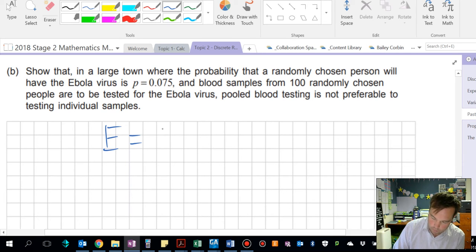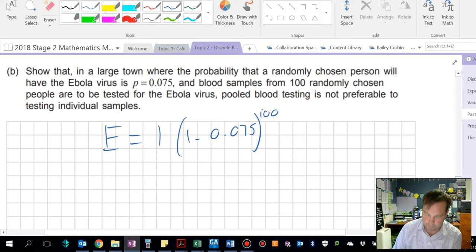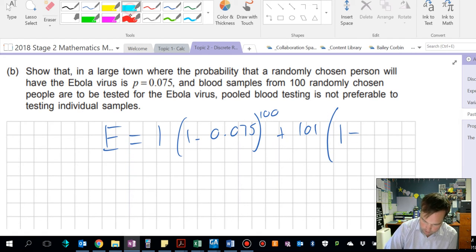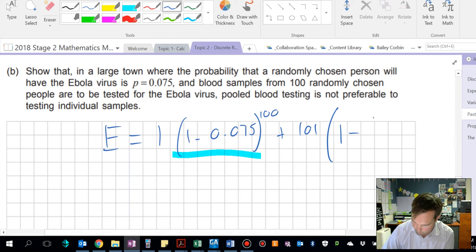So that's going to be 1 multiplied by the probability of the sample not being positive, or the sample being negative. So the sample not being positive is going to be 1 take 0.075 to the power of 100. That's essentially the same calculation as we did in part A, plus 101 times the probability that the sample is positive. So the probability here the sample is positive is 1 minus this thing here, 1 take 0.075 to the power of 100.